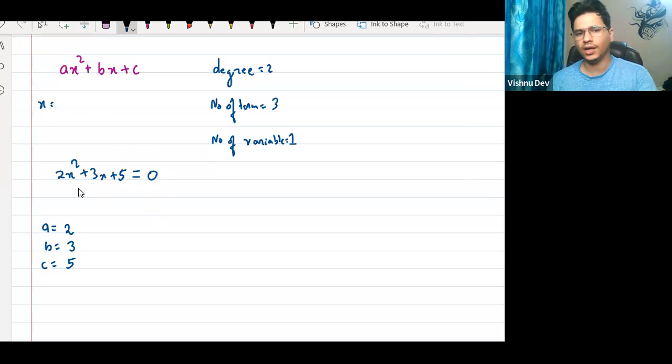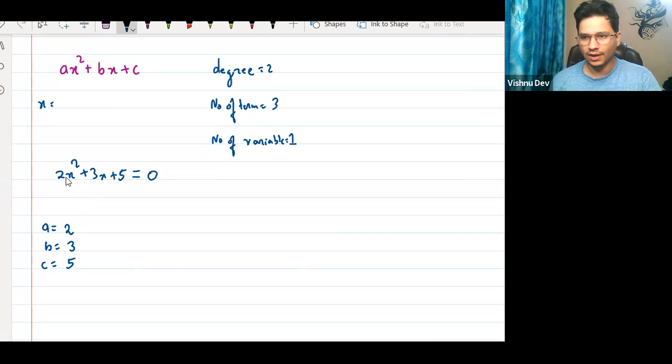It is just like a linear equation. In linear equations also, we try to solve for one variable or two variables to find the value of the variable. Here also we have to solve for the value of x.